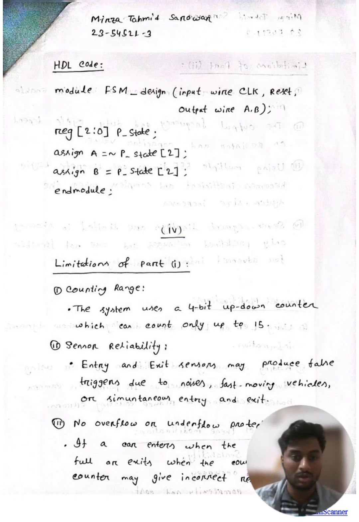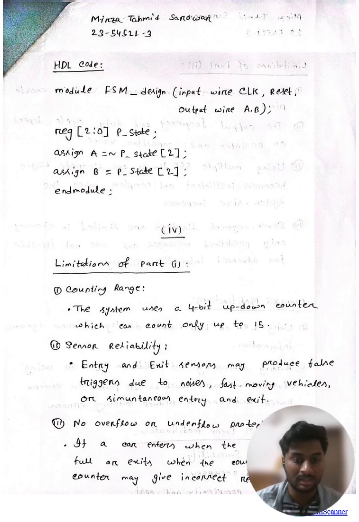And now if we talk about question 4, it actually asked about the limitations or the modifications I can make in this system. So I have talked about this. This is all very theoretical, but if I point out the most important of them, these will be the limitations of question 1, and that was the counting range.